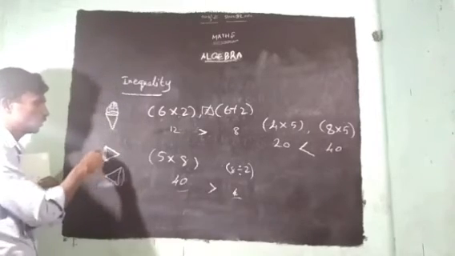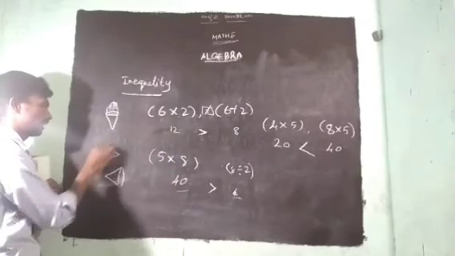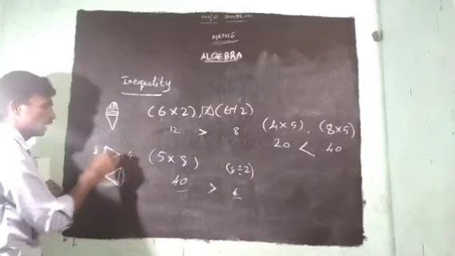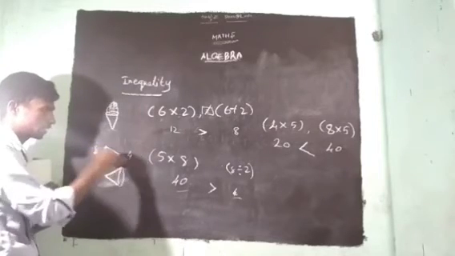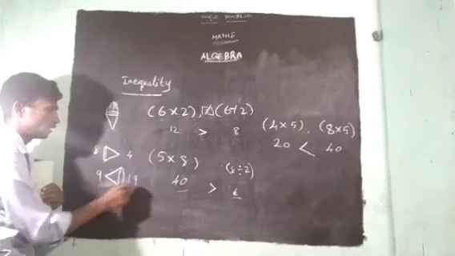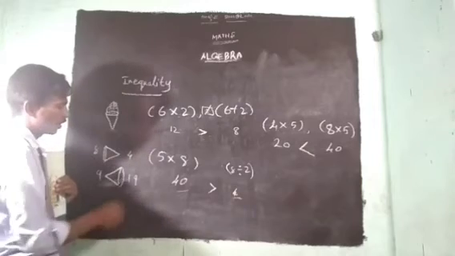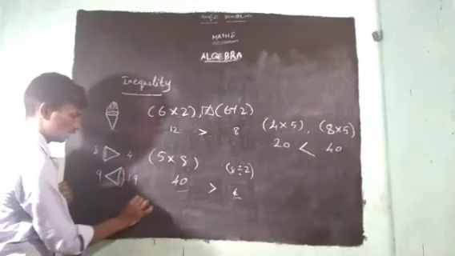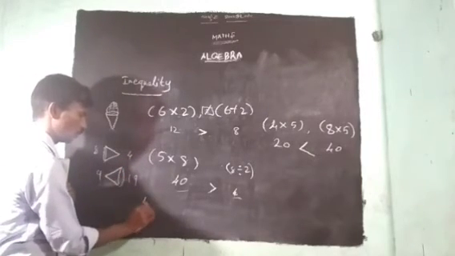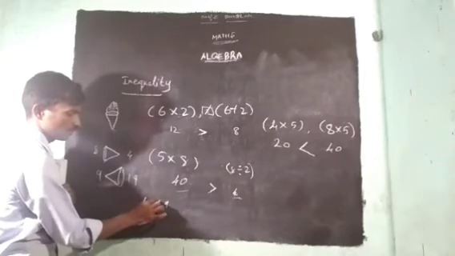So if you have greater values here, for example 8 and 4, it is correct. Next here 9, here 19. This is also correct. Just look here. 4, 19. What symbol will come here?